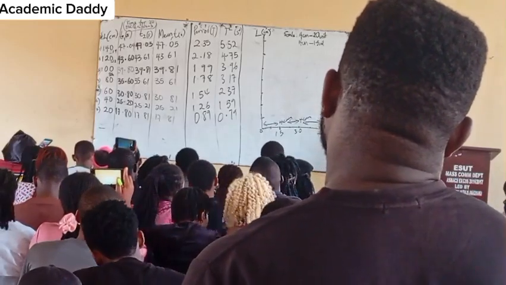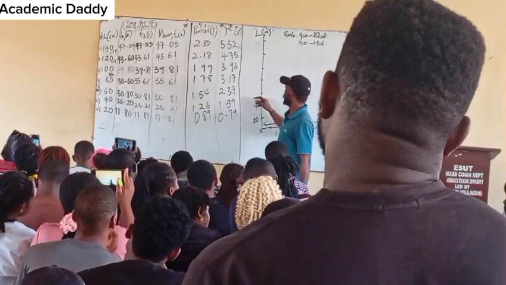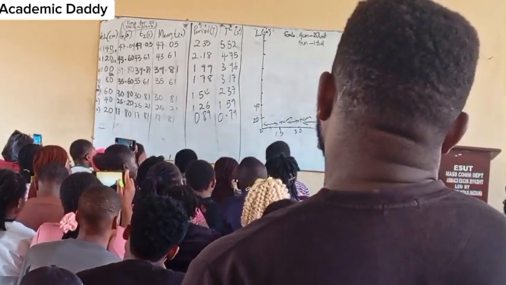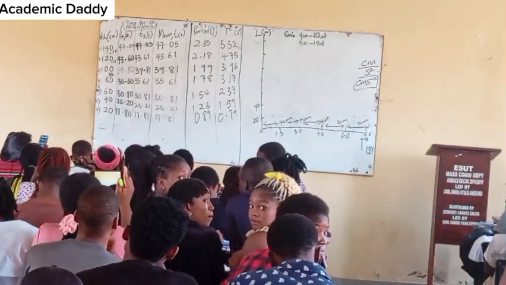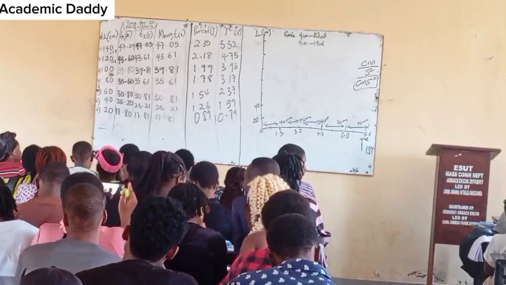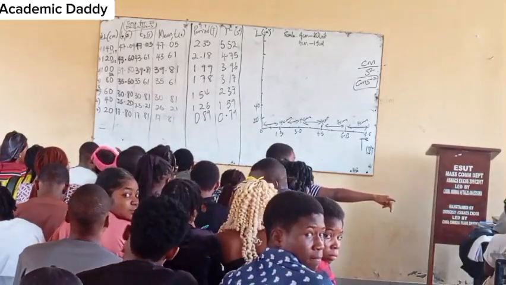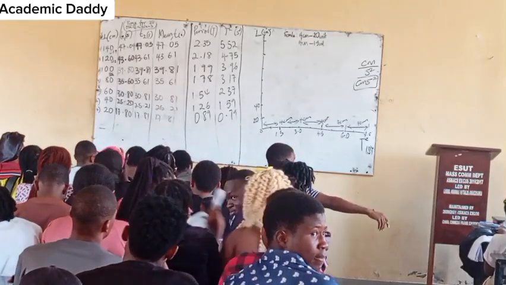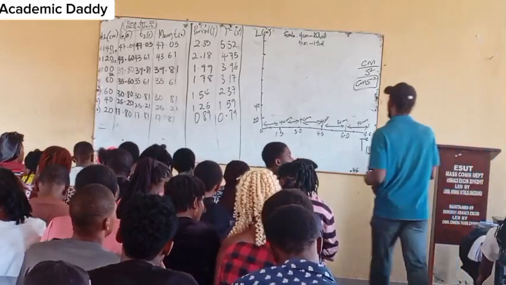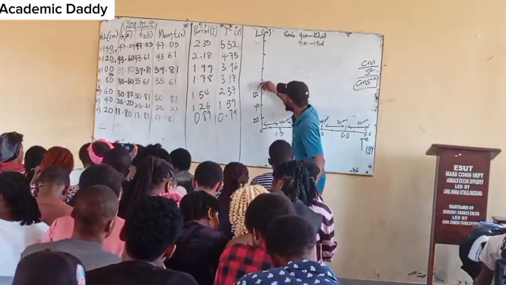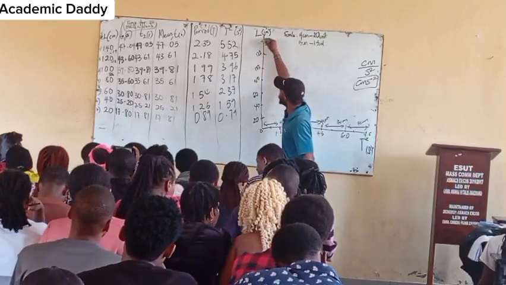Alright, now next, let us number this. We said that this one will be 20, 40, 60, 80, 100, 120.